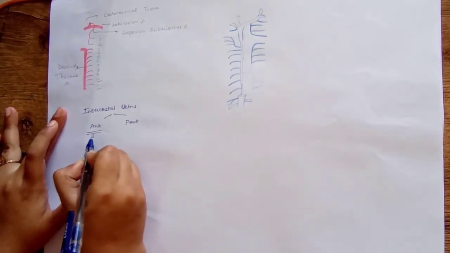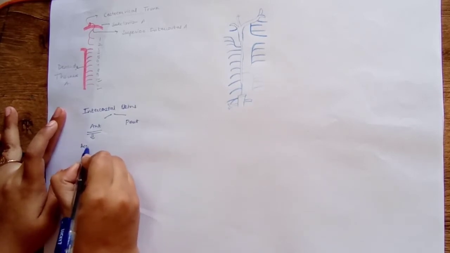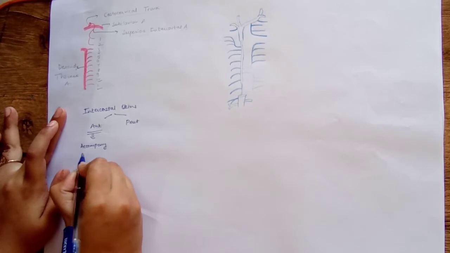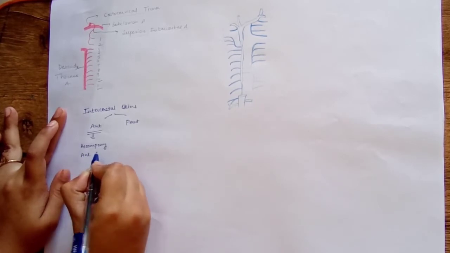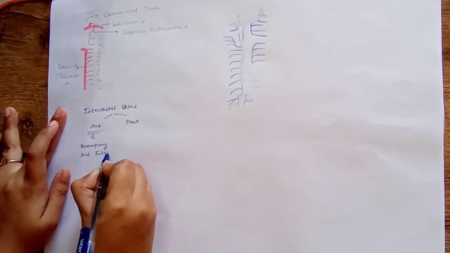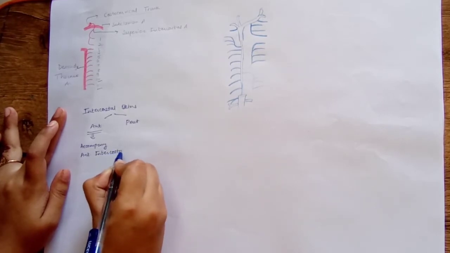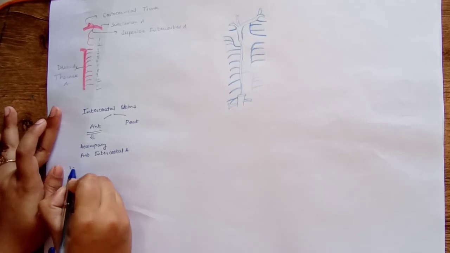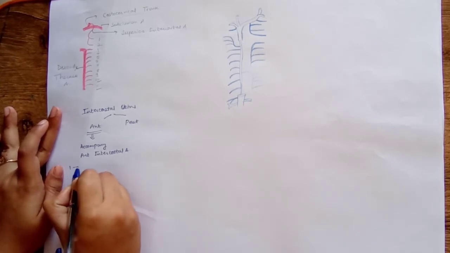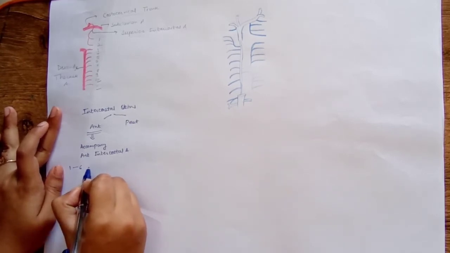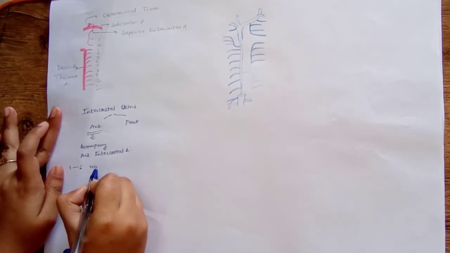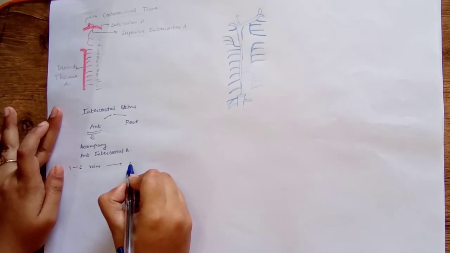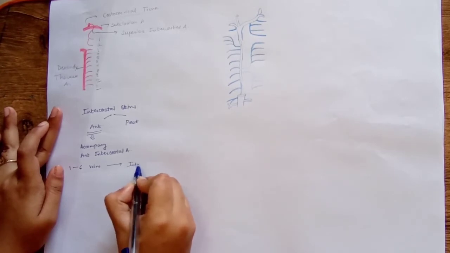Anterior intercostal veins accompany the anterior intercostal artery. That means the first to 6th intercostal veins drain into the internal thoracic vein.